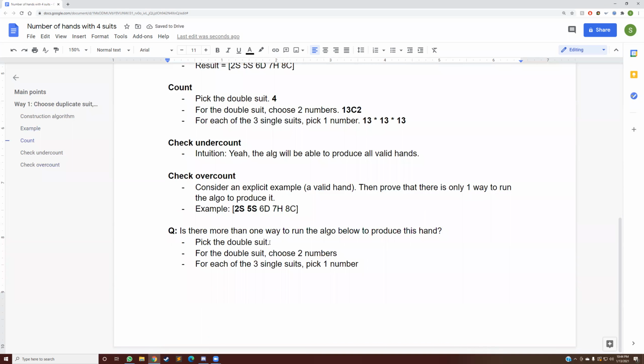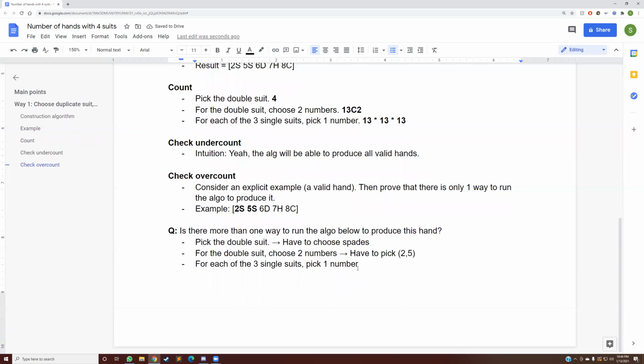So let me get you through this. For the first step, pick the double suit. You have to choose spades. Right? Have to choose spades. For the double suits, choose two numbers. You have to pick 2 and 5.